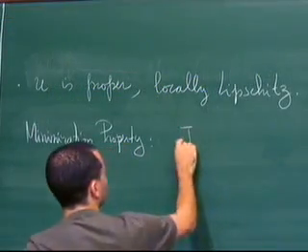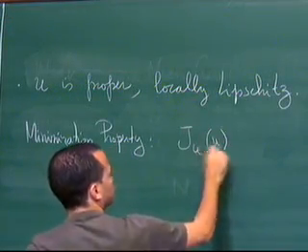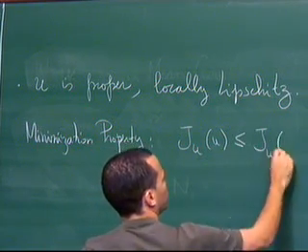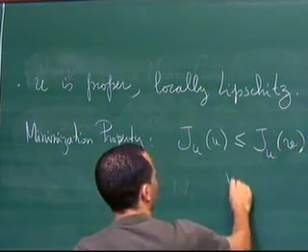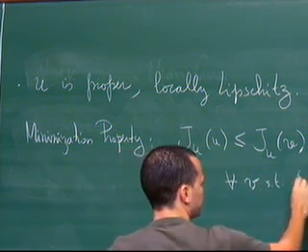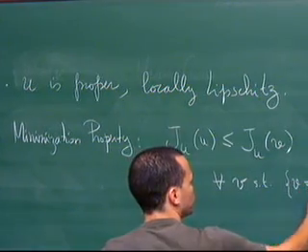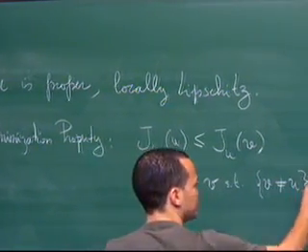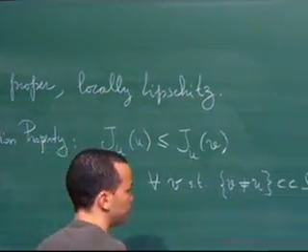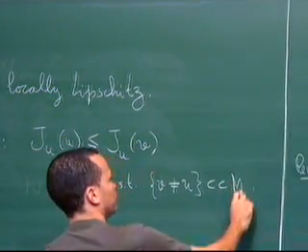So J_u of u will be less than or equal to J_u of v for any v such that the set of points where the two functions are different is compactly contained in M minus E naught.